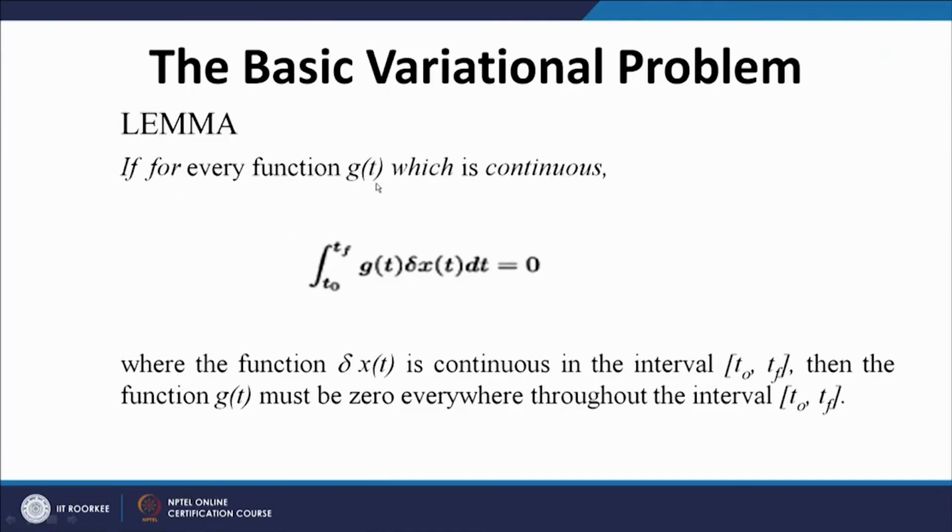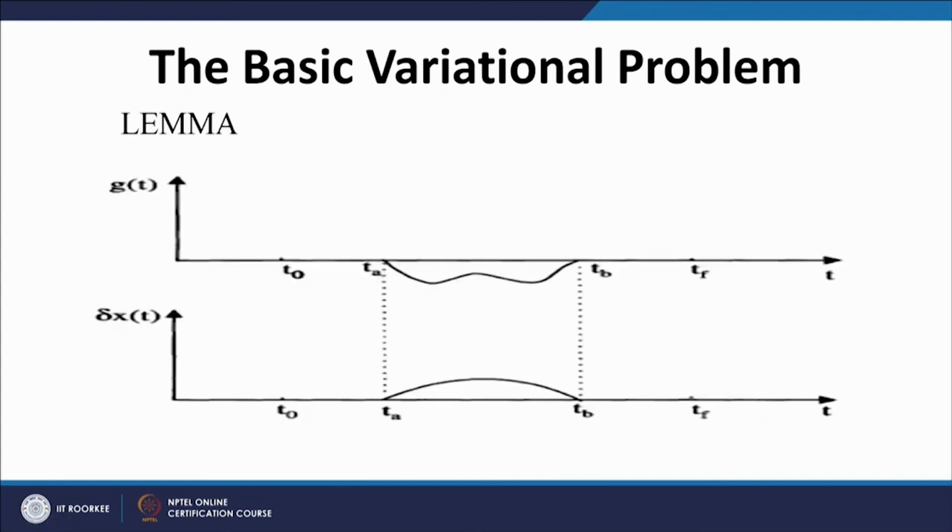For every function g t which is continuous, given as the integral from T0 to Tf of g t delta x t dt equal to 0, where the function delta x t is continuous in the interval, then g t must be 0 everywhere throughout the interval T0 to Tf. This we can prove here: let in some interval g t is not 0.